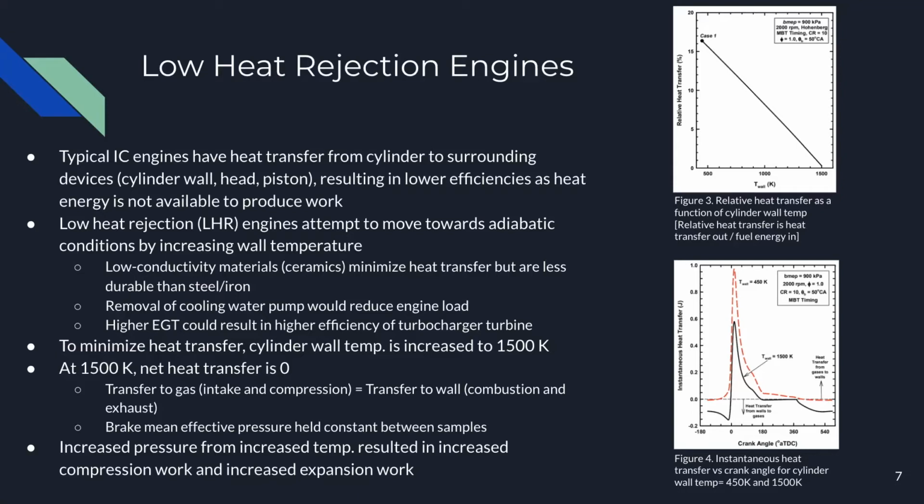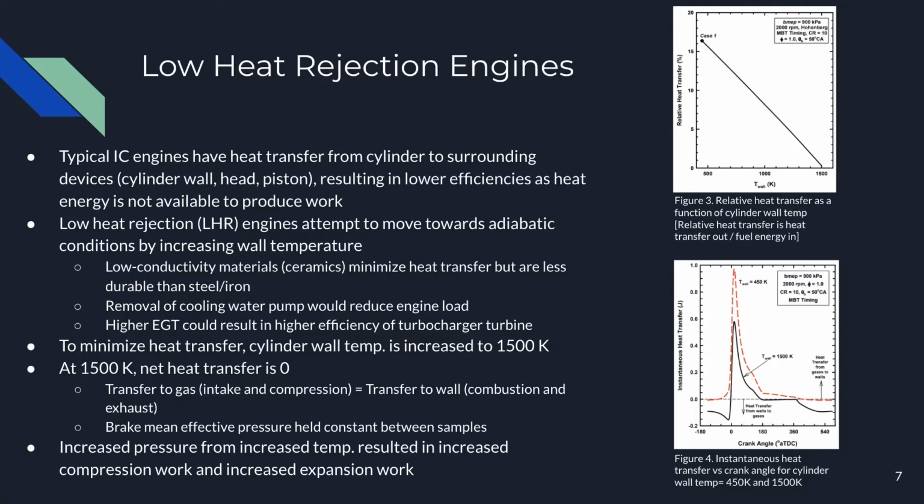Another advantage is that you'd be able to remove the cooling pump, which would reduce the engine load, therefore increasing efficiency of the engine. And the last advantage of this would be the higher EGT, which would result in a higher efficiency of your turbo, just due to the temperature differential between the inlet and outlet on the turbine side of the turbo.